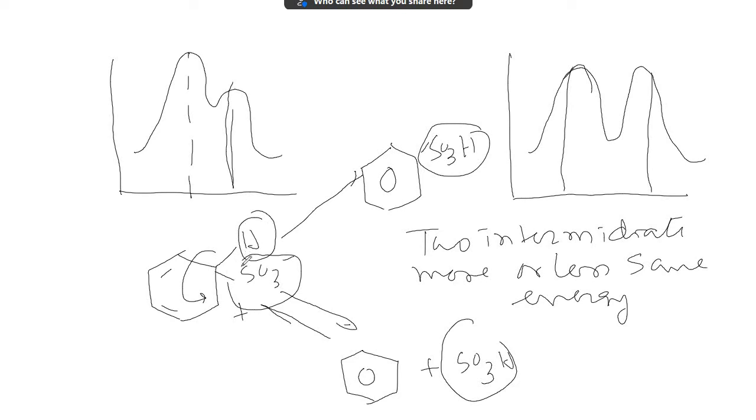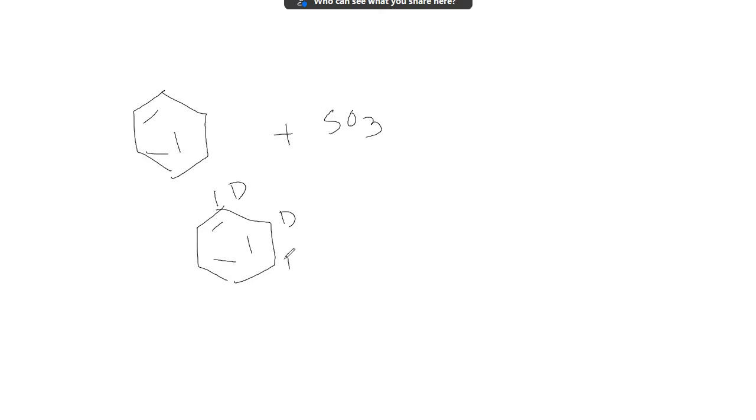That means if H is replaced by D, suppose look at these two cases: benzene plus SO3, now with deuterium. H replaced by D, in this case the intermediate forms this, plus in this case we have formed this.